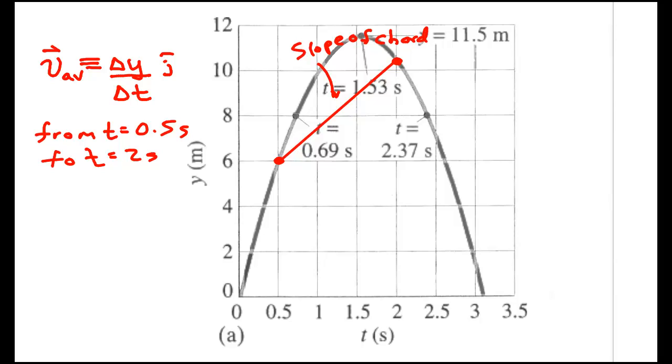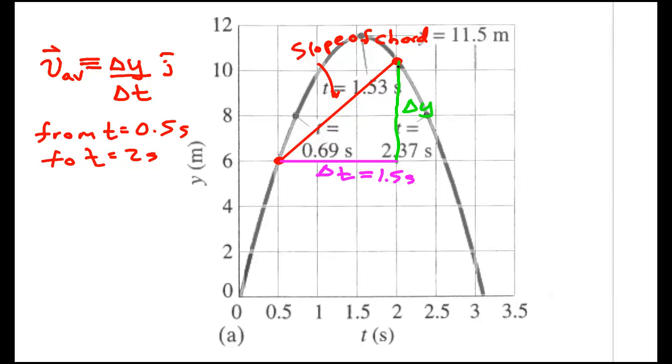Now, we can find that by finding our displacement right there in green, delta y, and by finding our change in time right here, which is delta t. So delta t in our problem is 1.5 seconds.